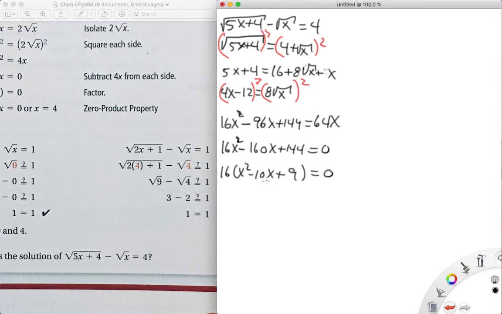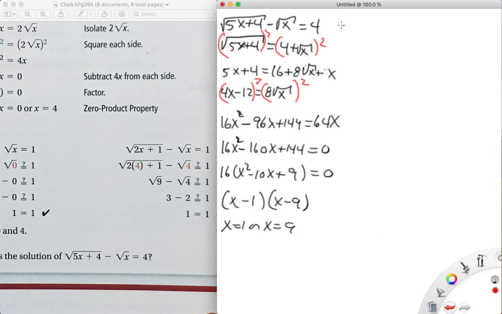So I've got to think of numbers that multiply to 9 and add up to negative 10. So x times x is x squared, negative 9x, negative x, that's negative 10x, and negative 9 times negative 1 is 9. So x can be either 1 or 9.